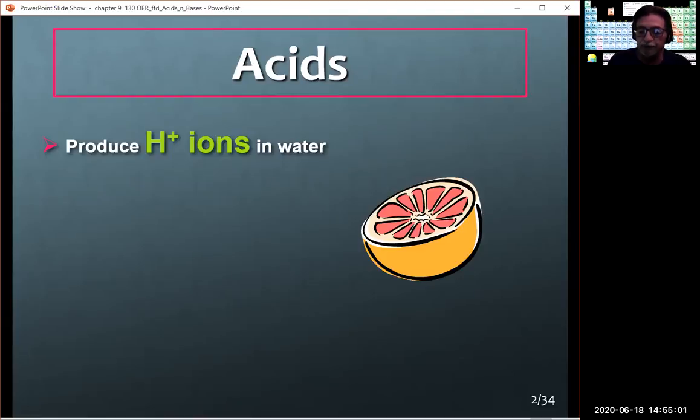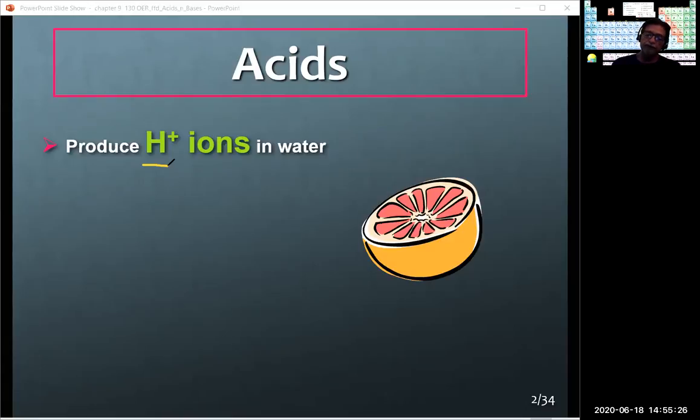And when it loses that valence electron, guess what it makes? It makes an ion with a plus charge right here. We call that a proton, P-R-O-T-O-N. That is a hydrogen atom that has lost that valence electron.